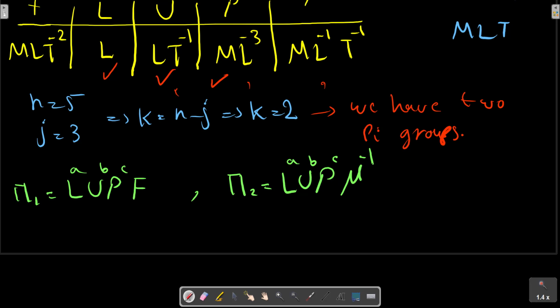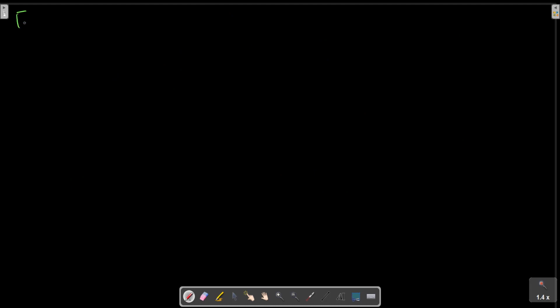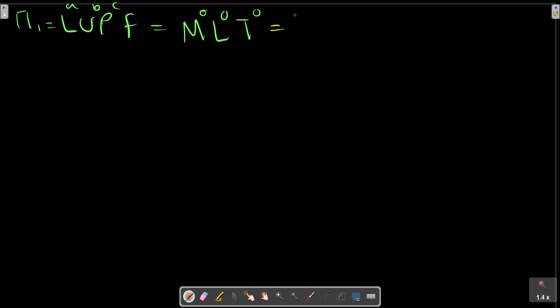At first, we should start with pi 1. Pi 1 equals L, U, rho to the powers A, B, C, times F, which should be equal to M0 L0 T0, our dimensions, which is equal to 1.